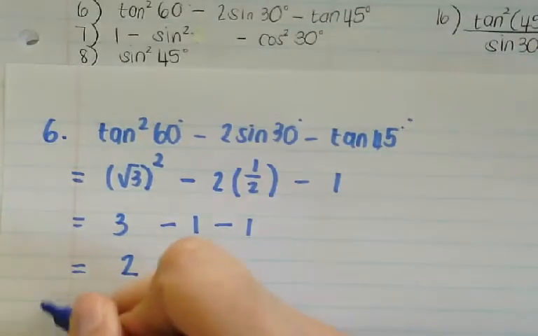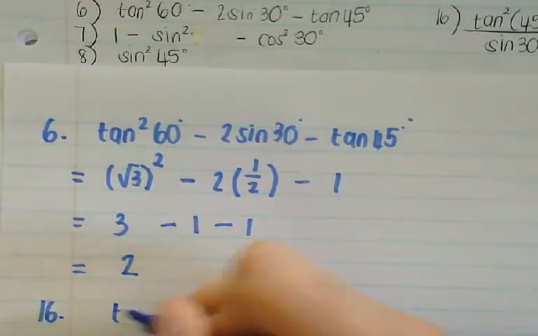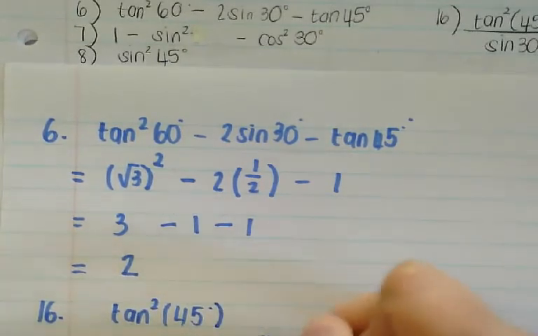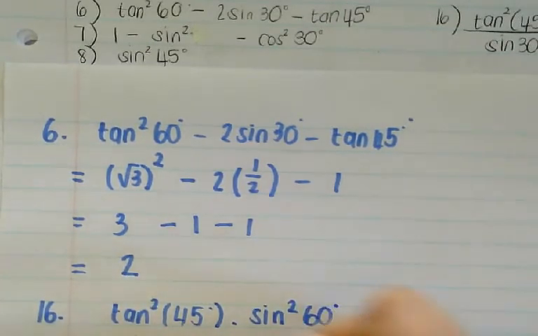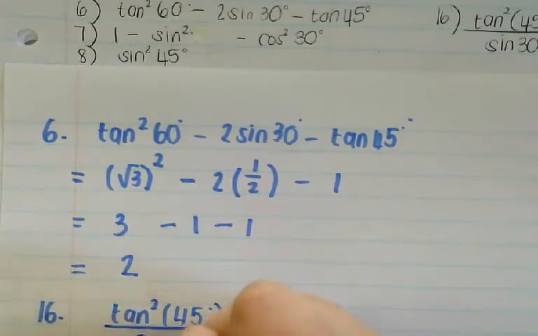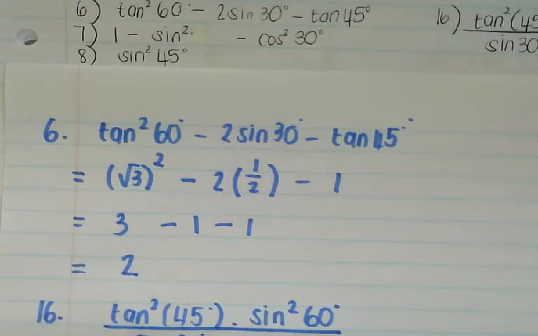I'm going to do number 16, where I'm going to add some divisions now. Okay, tan squared 45, special angle. Sine squared 60, special angle. Sine 30, special angle. Cos 90, also a special angle that we learned the last time we were here.